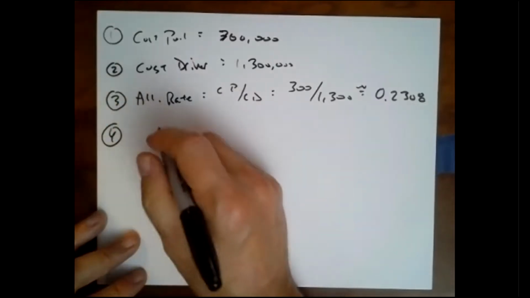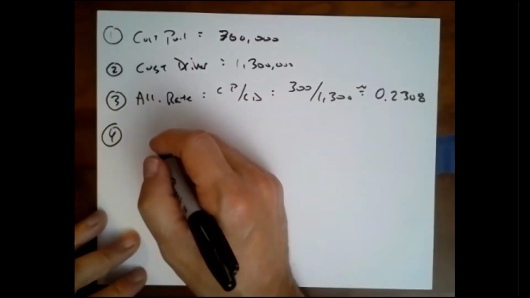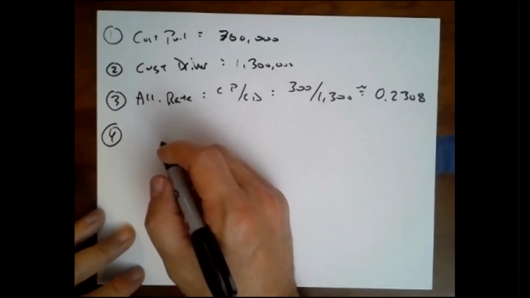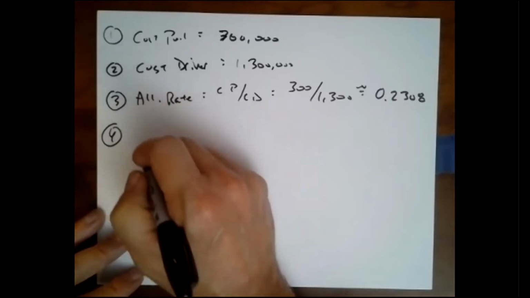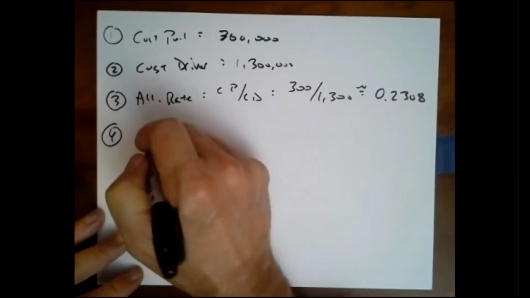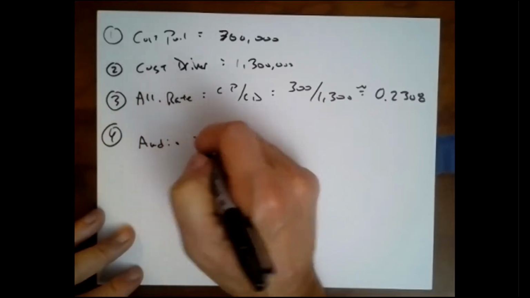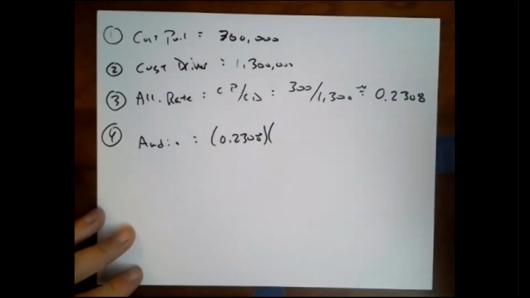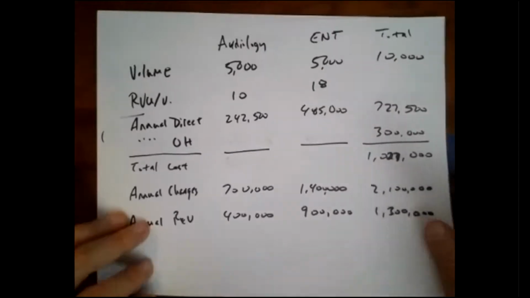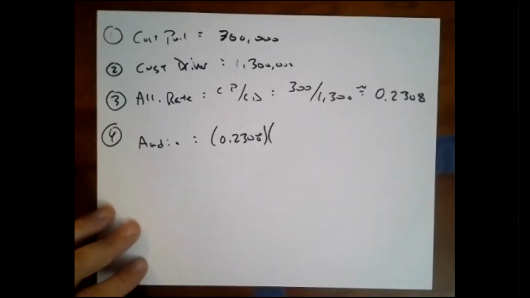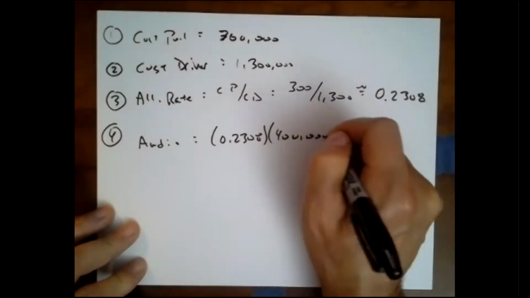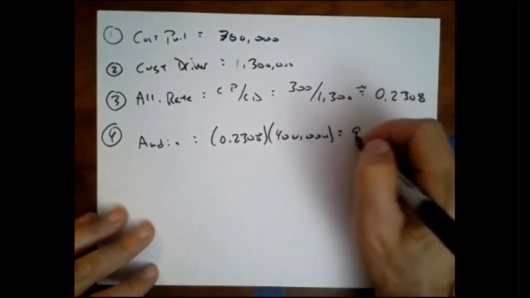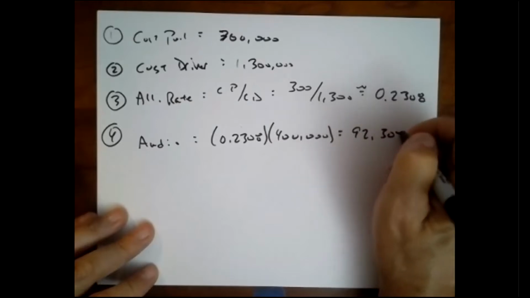So now we calculate the allocation based on revenues rather than on charges. For audiology, the allocation amount is going to equal 0.2308 times audiology's annual revenue, which is 400,000. And that gives us about 92,308.